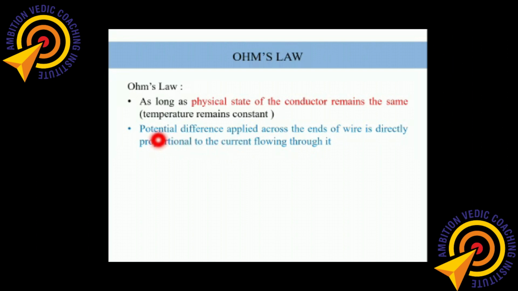So we can consider it as a potential difference. Whenever a cell or source of EMF is connected to a wire, a potential difference is produced across the ends of the wire, and this potential difference is directly proportional to the current through the wire. Current is what? Current is nothing but electrons flowing through the wire.